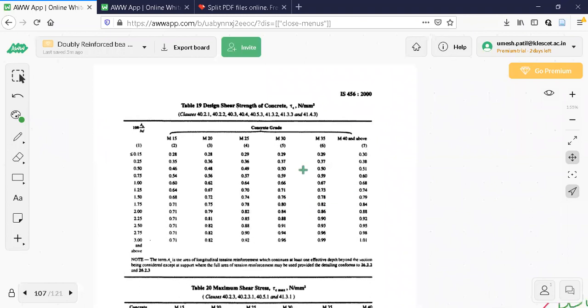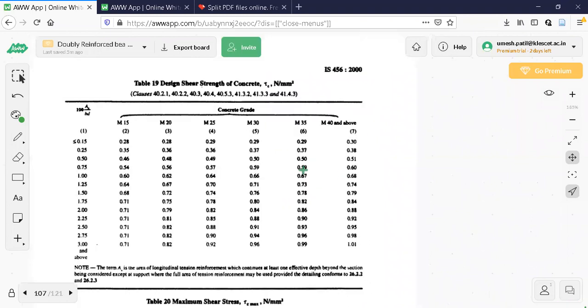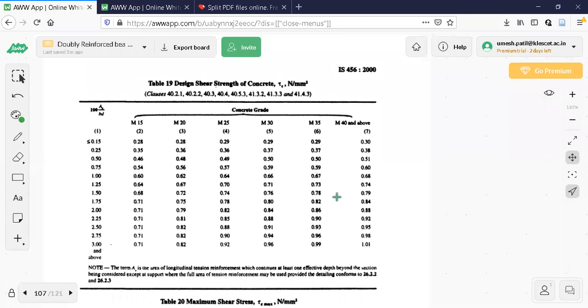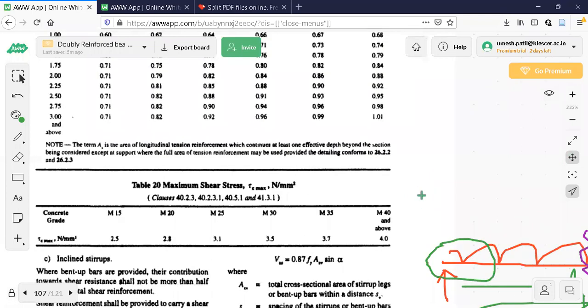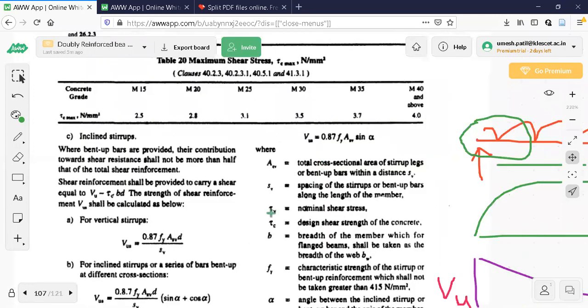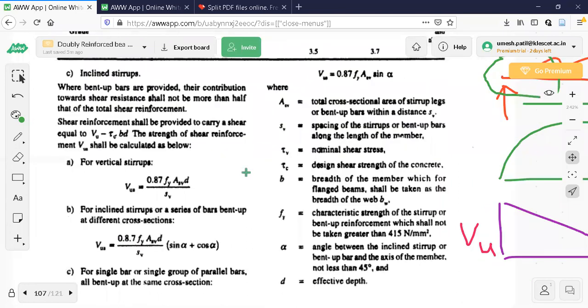Now, I will start with the calculation. So observe here. What I'll be doing in today's class is explaining how to use table 19. Table 20 is not so important in today's class. I'll explain how to use this formula and how to find the shear strength of the beam, or shear resistance, or shear capacity.